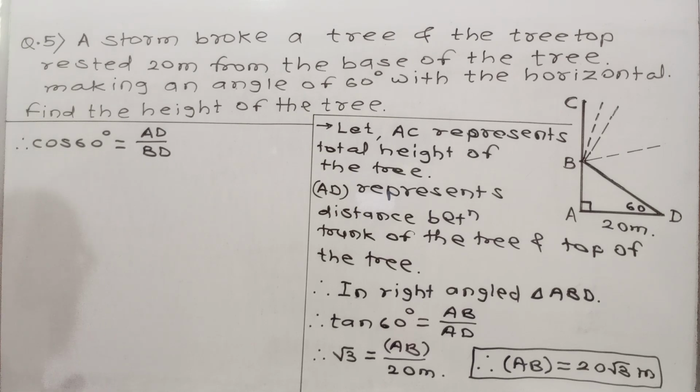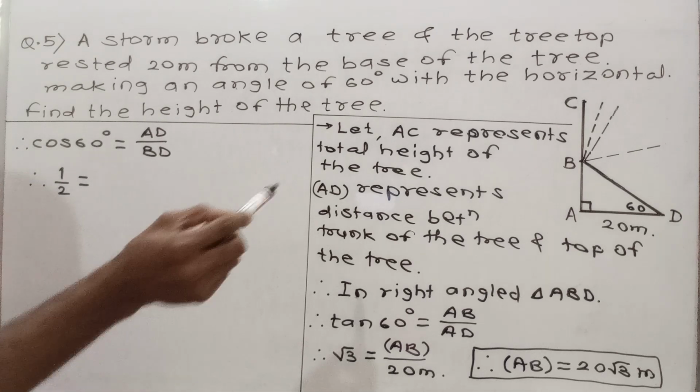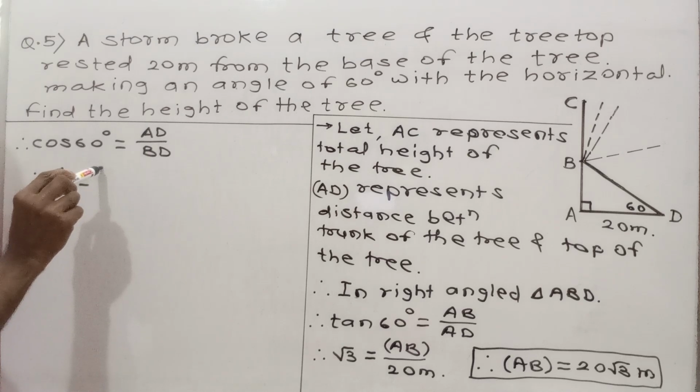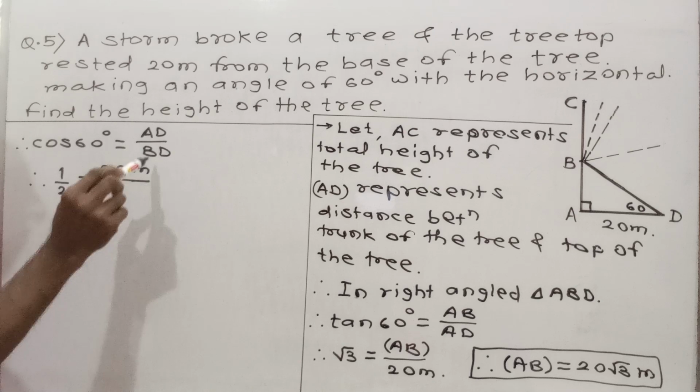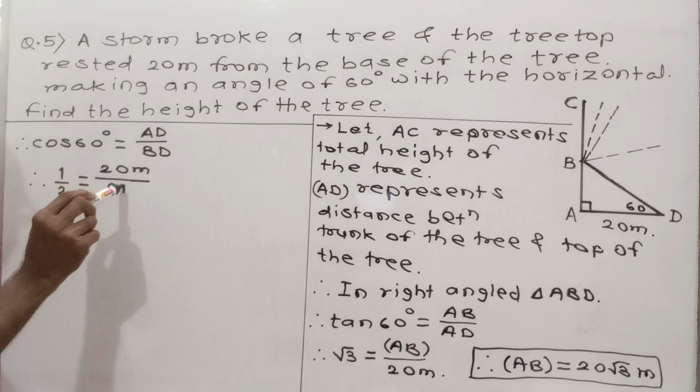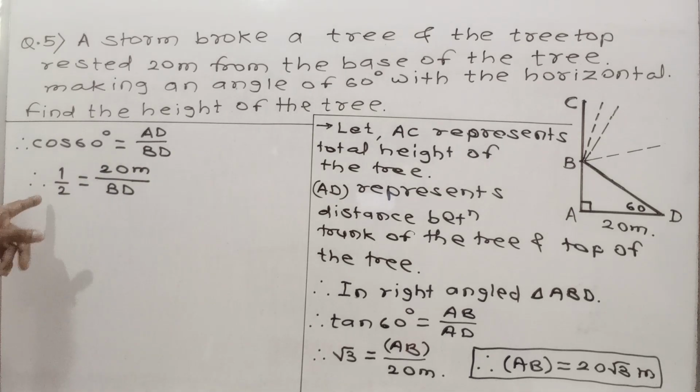Did you get it? Now the value of cos 60 is 1 upon 2, is equal to what is AD? 20 meters, upon, we don't know BD.